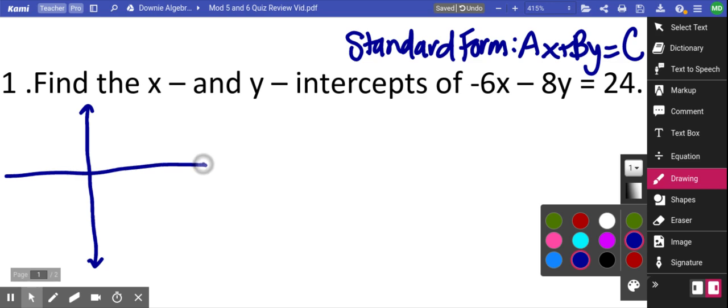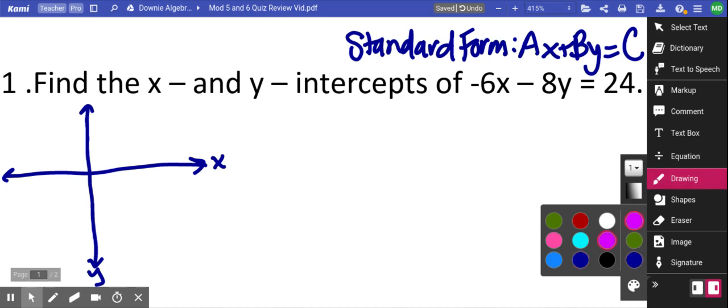So we're going to think back about our x and y axis. Our y-axis is our vertical axis, up and down. Our x-axis is our horizontal axis, side to side. And we want to find our x and y intercepts.